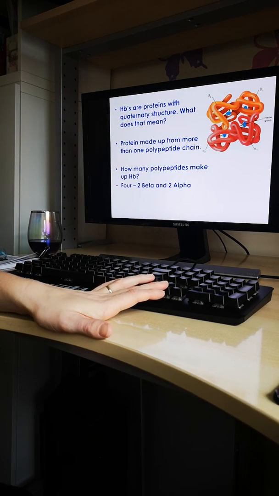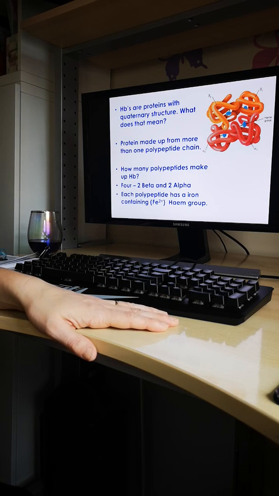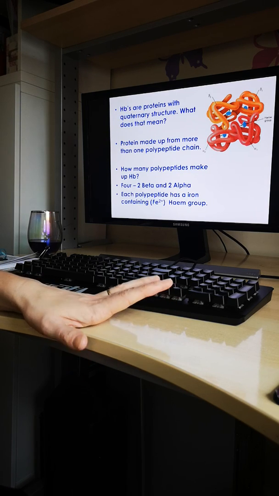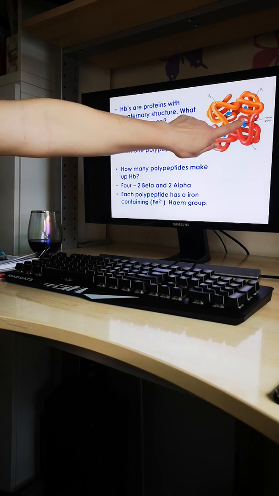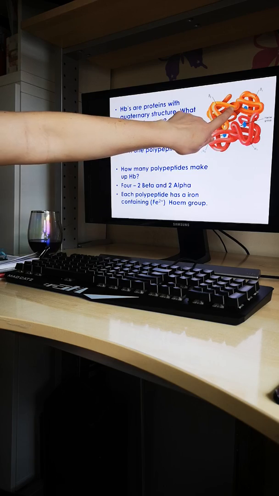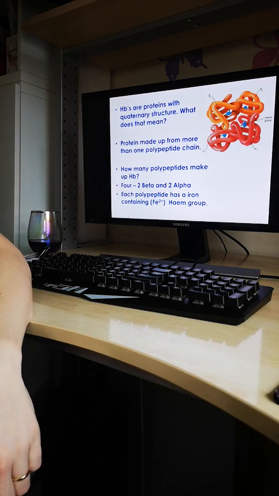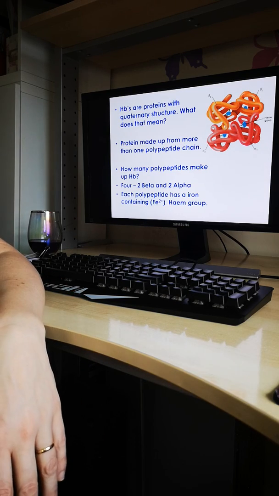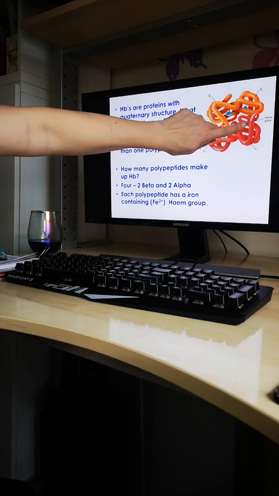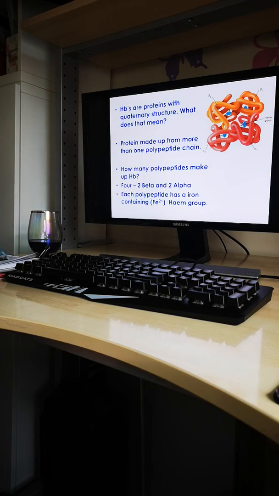And each one of them has got its own heme group. And a heme group contains iron, so it's an iron containing group. And it's that part that associates or binds to an oxygen molecule. So each haemoglobin can bind to 4 oxygen molecules. So each heme group can carry 1 oxygen molecule each.